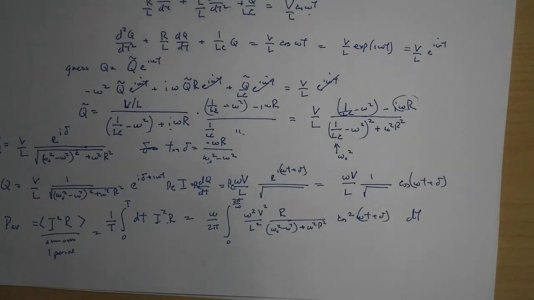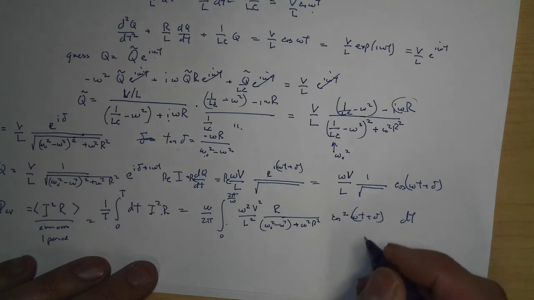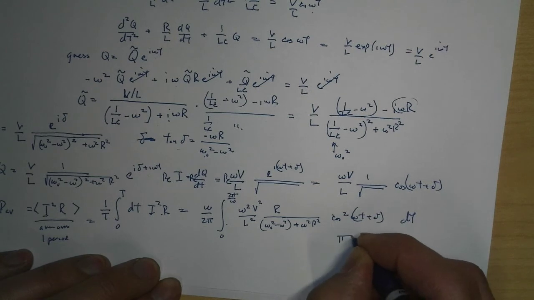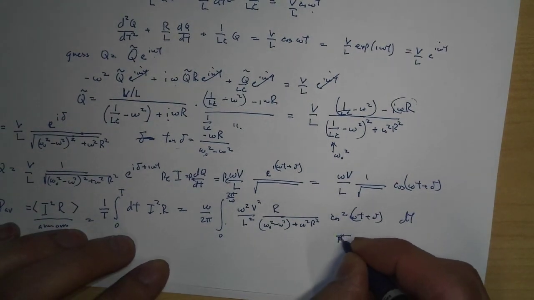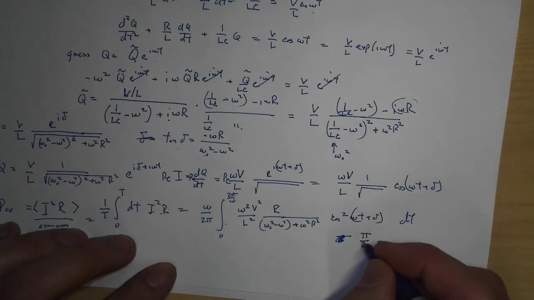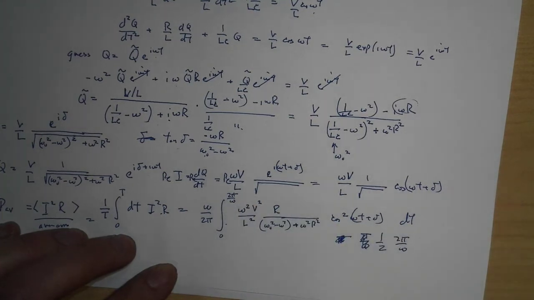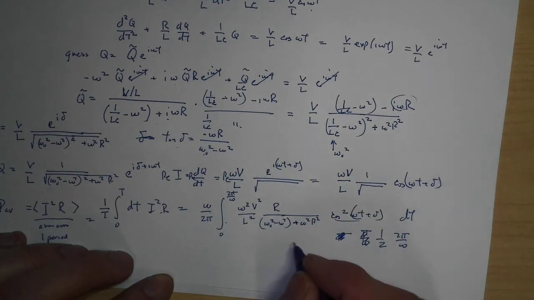Okay, so here's something that everyone should know, but if you don't, it's good to learn at this point. This integral over a period of any cosine squared omega t is just pi over omega, or really it's 1/2 of 2 pi over omega. So this integral right here is just going to be pi over omega.